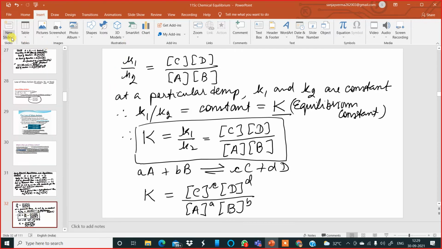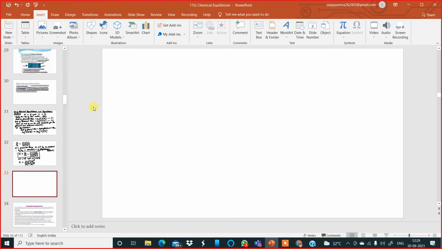Okay, so the definition for equilibrium constant becomes like this.